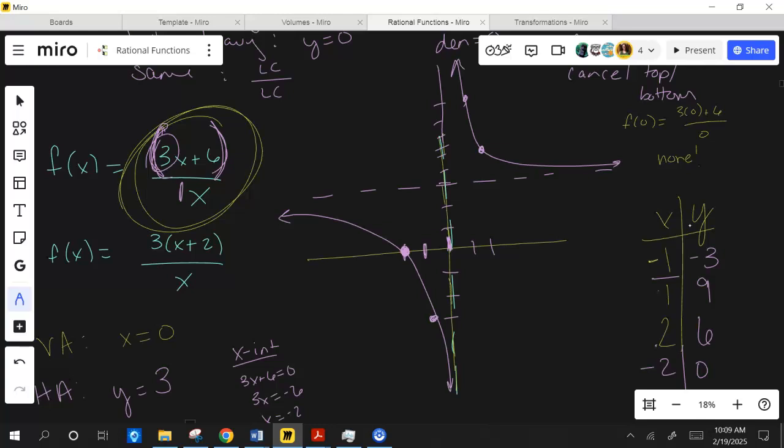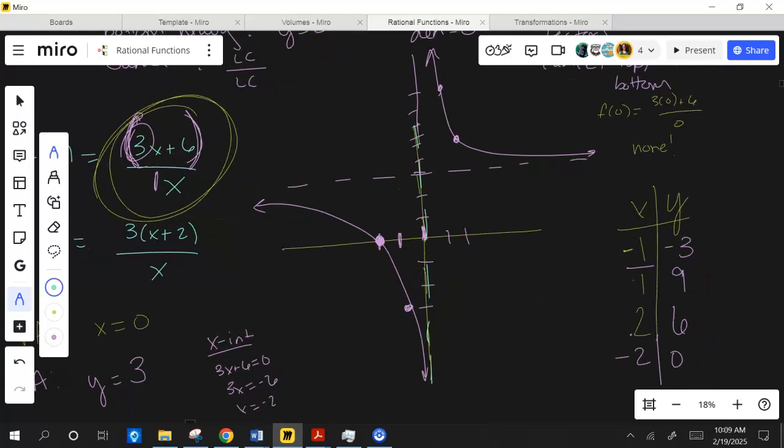What's the domain, guys? I'm leaving out which x value? 0. So -infinity to 0, 0 to infinity. How about the range? Good.